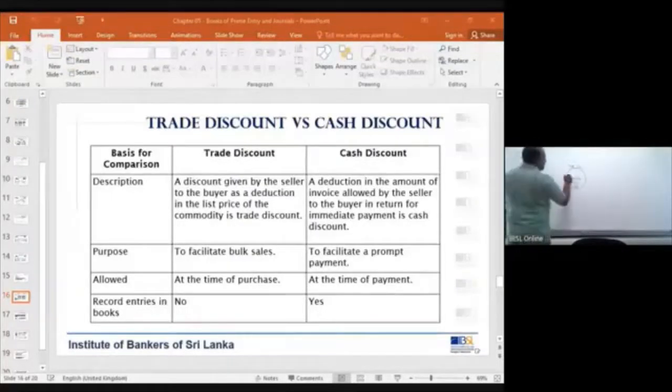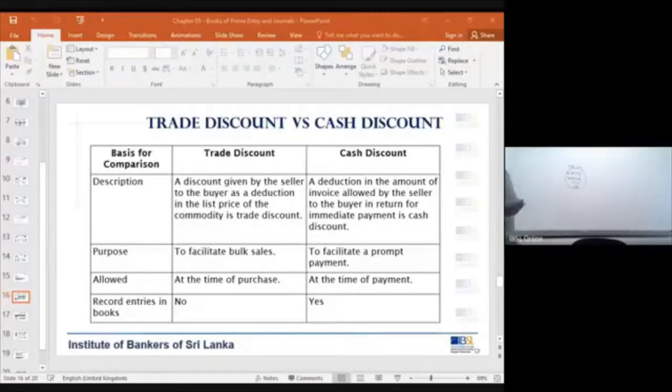The standard price of a Samsung 40-inch television is, let's say, 80,000, just for example. So the PQR company is an agent selling Samsung 40-inch televisions at the price of 80,000.